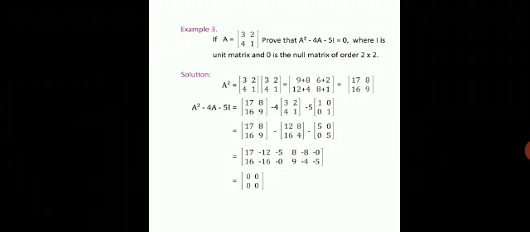Corresponding elements have to be simplified. We get 0, 0, 0 and 0. All the elements after simplification we get as a zero matrix, that is the required RHS.